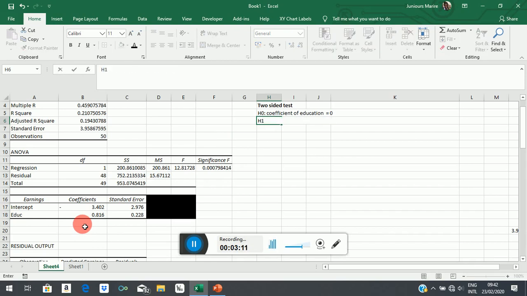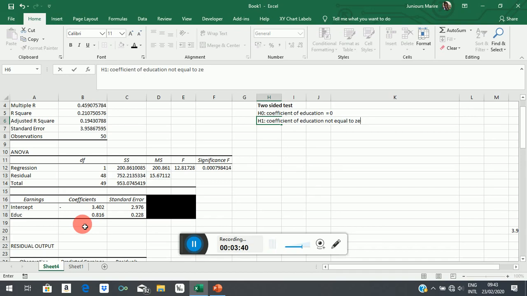Then H1 says coefficient of education is not equal to 0. I'll write not equal to 0 as this, equal sign and an exclamation mark. Otherwise you could just say not equal to 0.